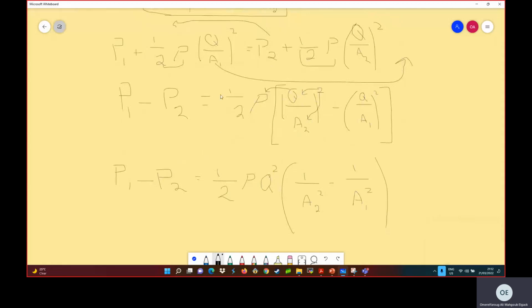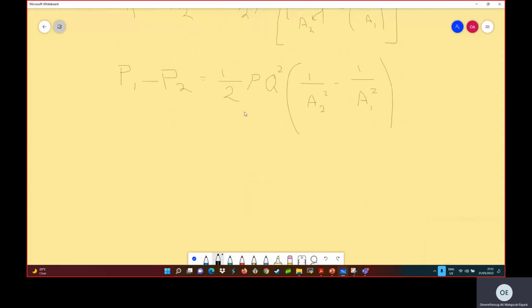Okay, now I want to find what Q is here. So I need to divide by those terms on the other side. So you have P1 minus P2, then multiply both sides of the equation by 2 to get rid of this half. So I multiply it here by the pressure.